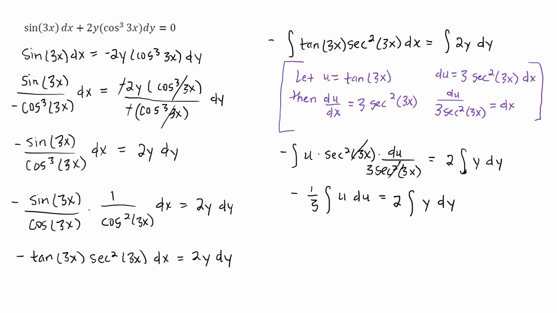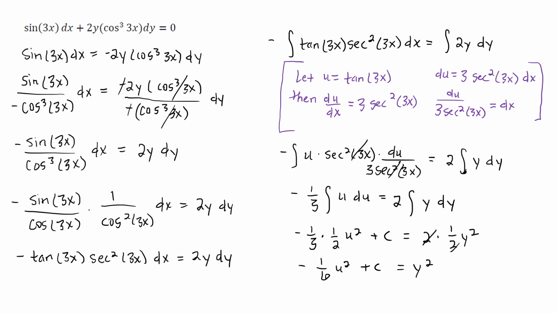Okay, applying the integral, we have negative 1/3 times 1/2 u squared plus c equals 2 times 1/2 y squared. Okay, so we then have negative 1/6 u squared plus c. The 2's here cancel, leaving us with y squared.